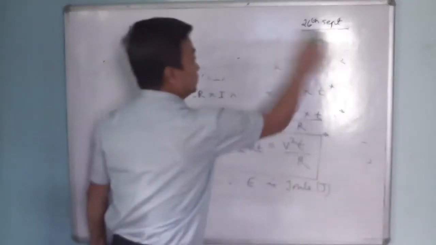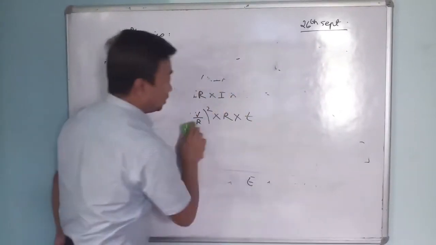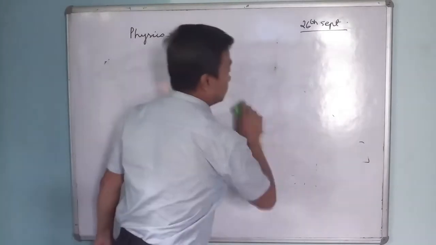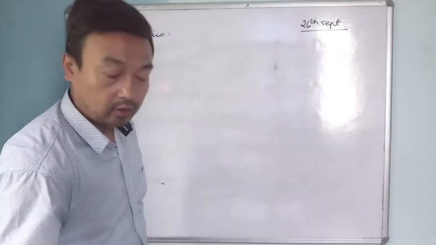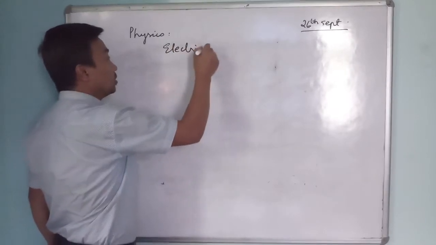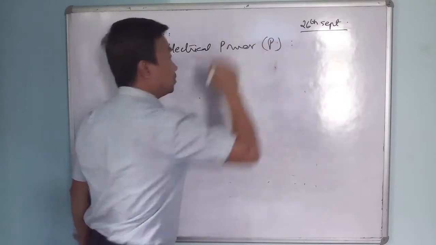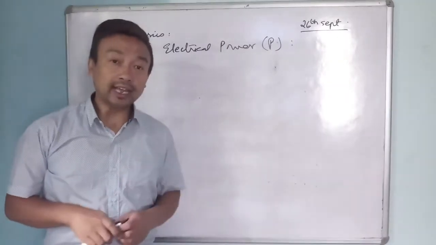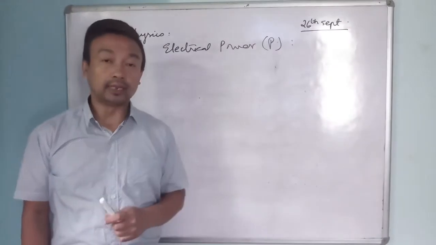Now the second term in this chapter is electrical power. Electrical power is defined as the rate at which the electrical energy is supplied by the source.